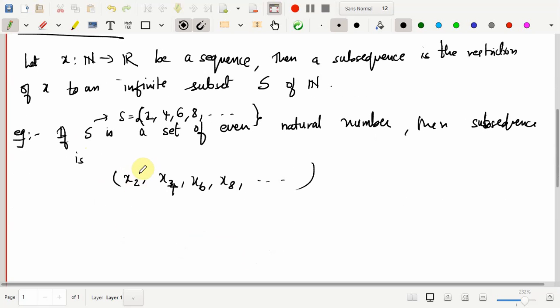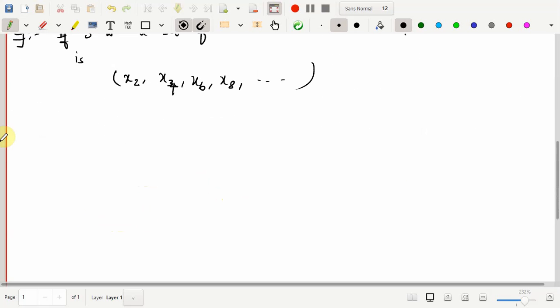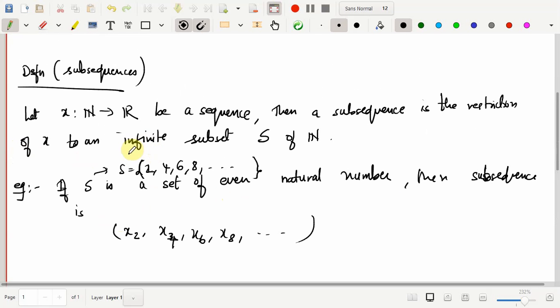One thing to note is that we are not disturbing the order of the sequence. We cannot write x4 first and then x2. This is not a set; this is an ordered n-tuple. So x2 first, then x4, then x6 and x8, and it goes on. Also, in the definition the term infinite is very important, because if we take a finite subset, then we will get only finitely many values of xn, which we are not in search of.